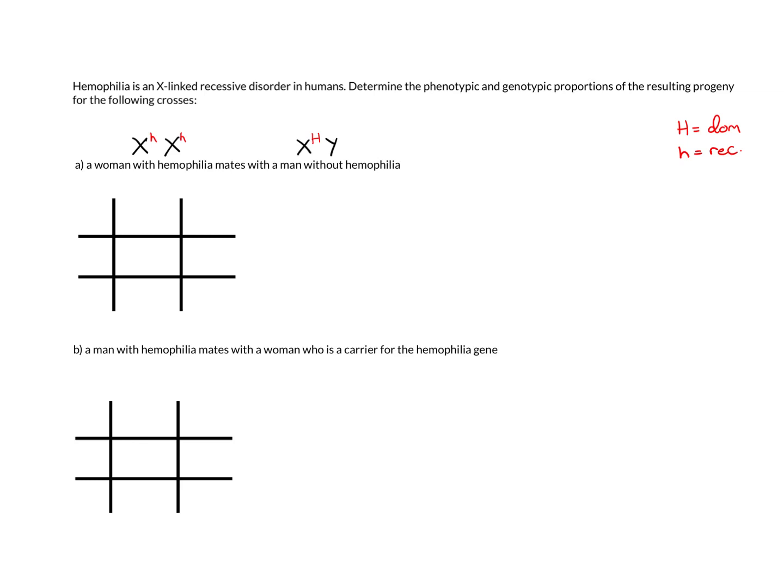Notice that I put the allele only on the X chromosome, as this is an X-linked disorder, and therefore there is no allele on the Y chromosome. This means that for X-linked genes, males will only have one copy of the gene and thus will only have one allele.